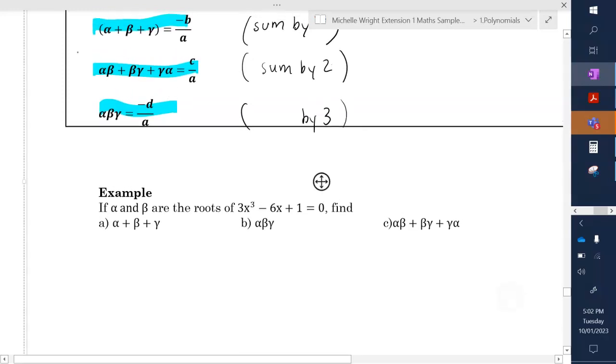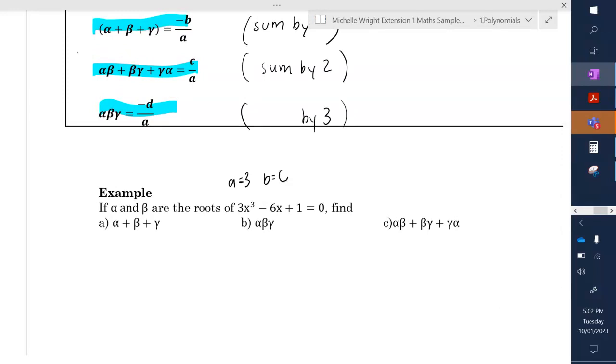So here a is 3. b is nothing because we're skipping the squared term. c is minus 6 and d is 1. So don't fall for putting c and b the other way around. That will confuse a lot of people.